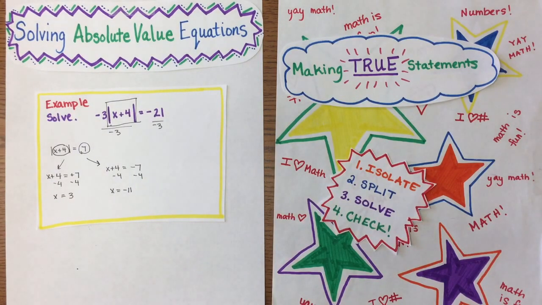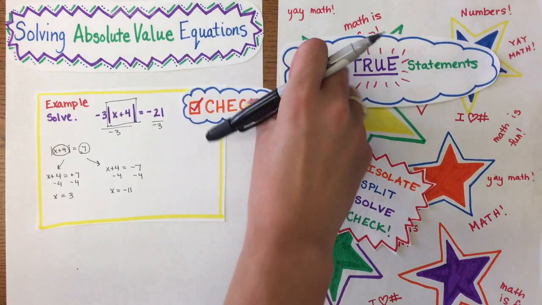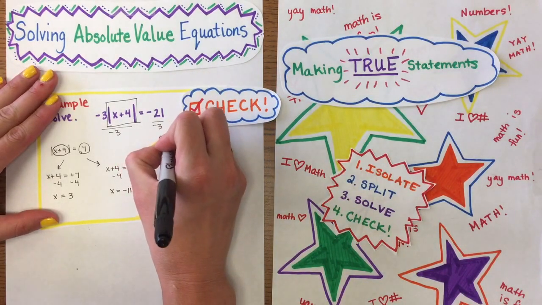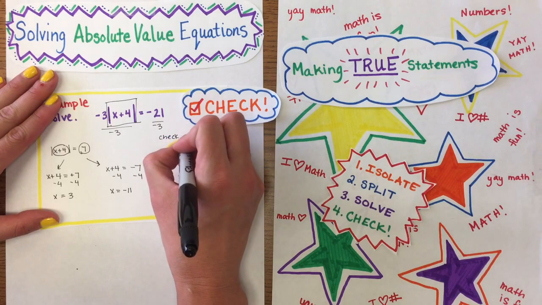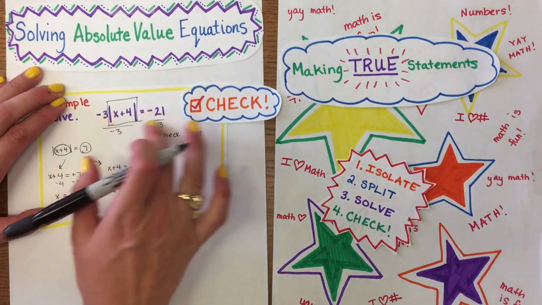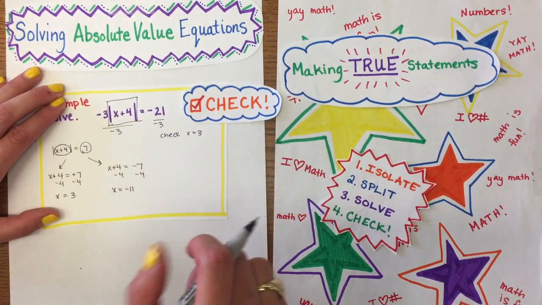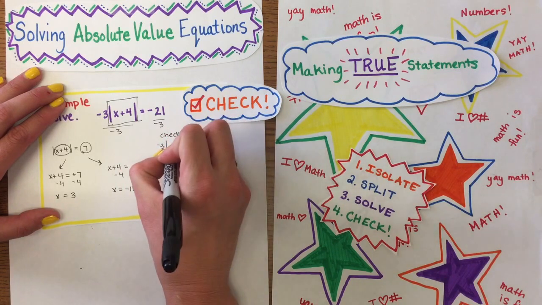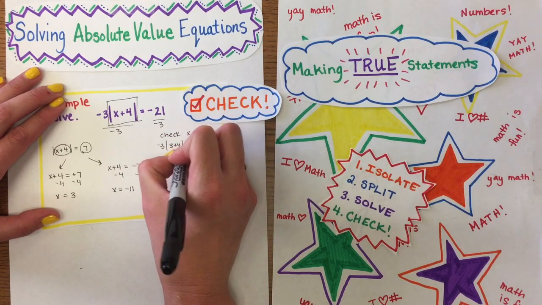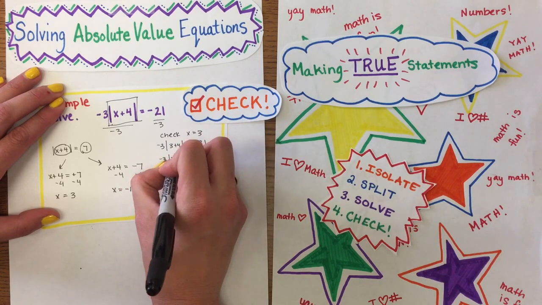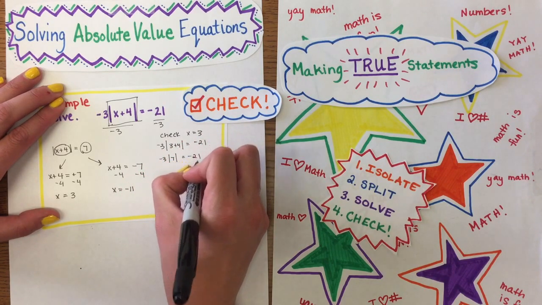My last step is that I need to check. So let's go through and check this. If I check x is equal to 3, you need to make sure that you check in your original equation, and we simplify sides, we don't solve. So that's going to be -3 times the absolute value of 3 plus 4 is equal to -21. -3 times the absolute value of 7 is equal to -21.